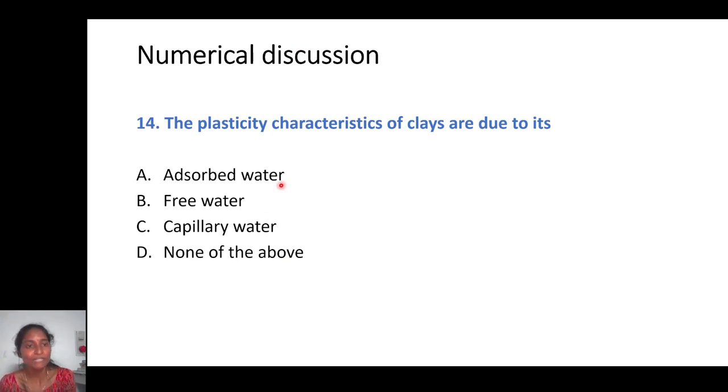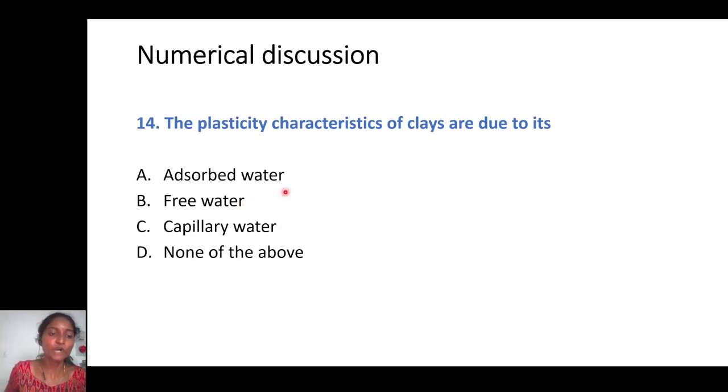When you do this plasticity test, if you remember, we try to make a 3 mm thread, we try to roll. The water content at which it will actually crumble is what we call the plasticity index. So when you are molding the soil in that condition, this capillary action or water related to capillary action could have already been disturbed. So definitely it must not be that.